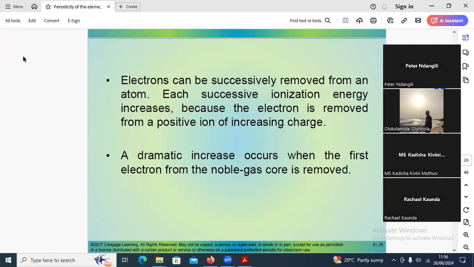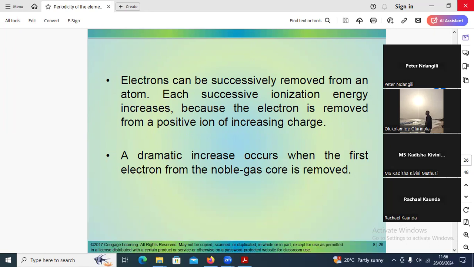What do we mean? When you remove the first electron, the number of electrons in that configuration reduces, but the number of protons remains the same. It therefore means that the removal of an electron increases the effective nuclear charge.